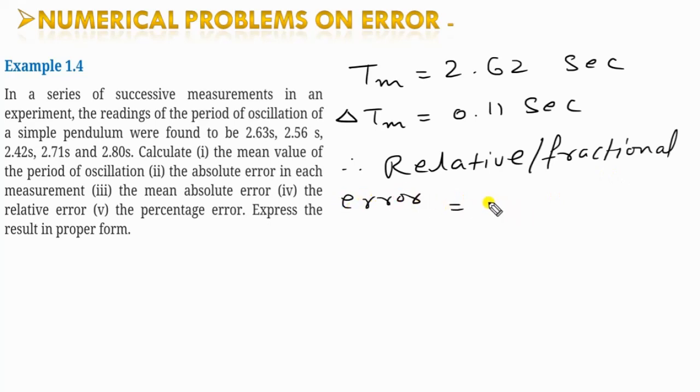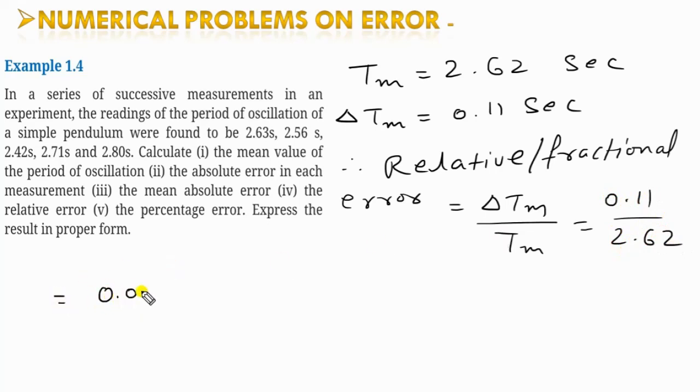The formula is mean absolute error upon mean value or the actual value, that is 0.11 second upon 2.62. Solving it, we get approximately 0.0419. Rounding it to 2 decimal places, we get 0.04.